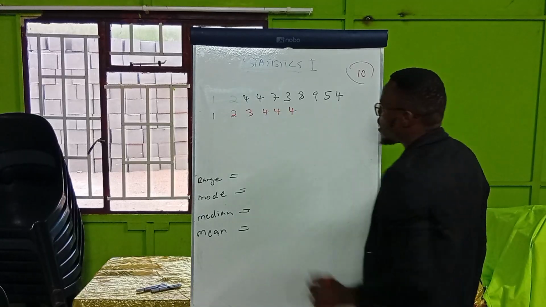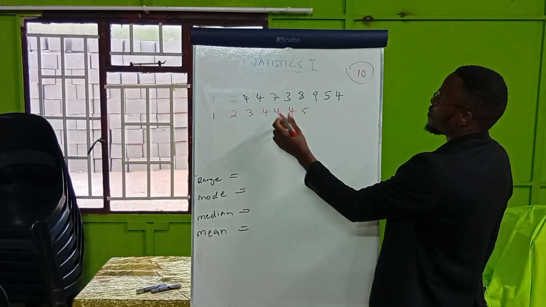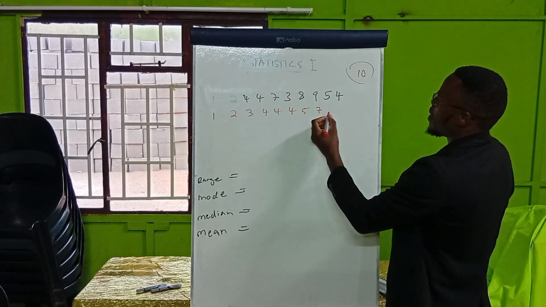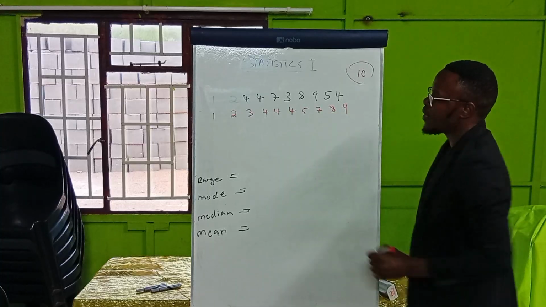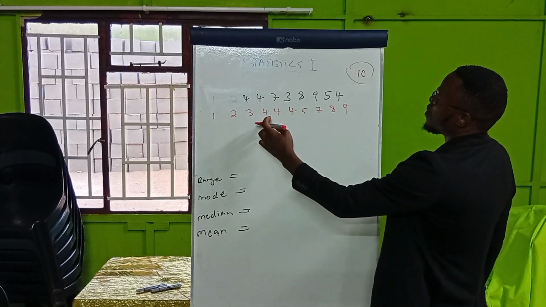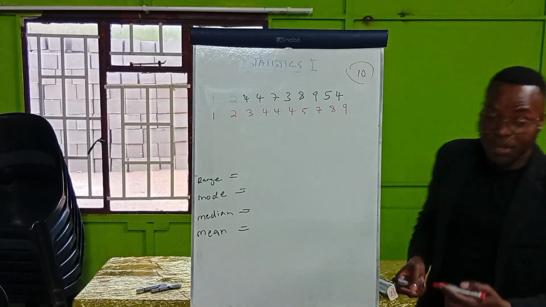Notice that we've got three 4s. And then it will be followed by 5. You do not have a 6, so follow it with 7, and then 8, 9. And then let's ensure that we have all the 10 numbers. So I've arranged the numbers in order.